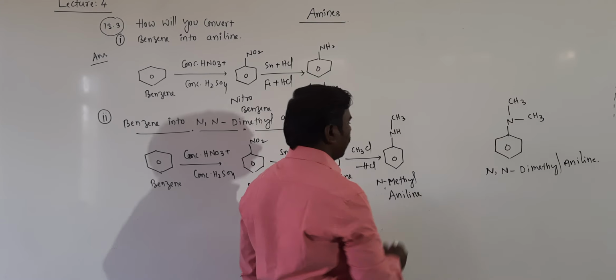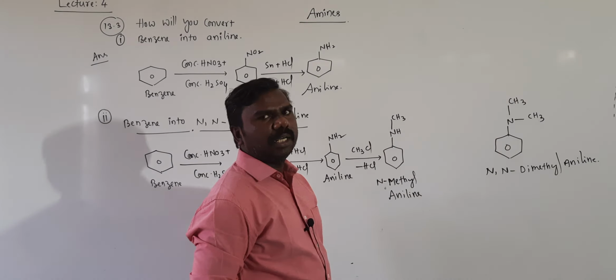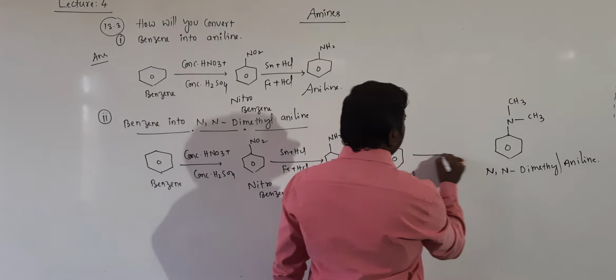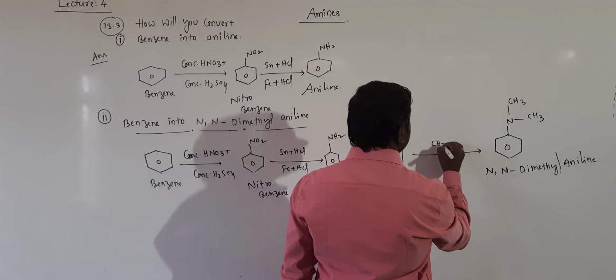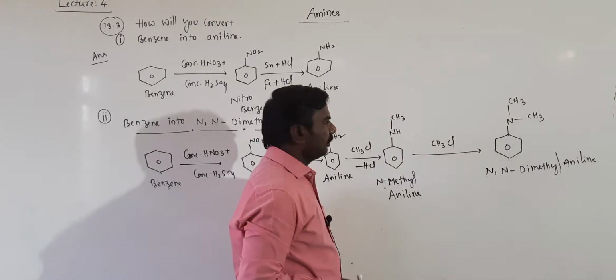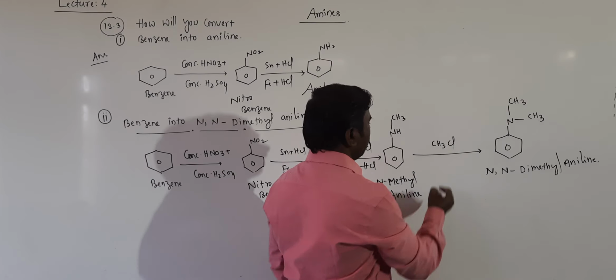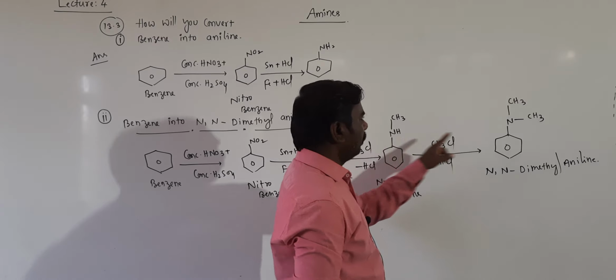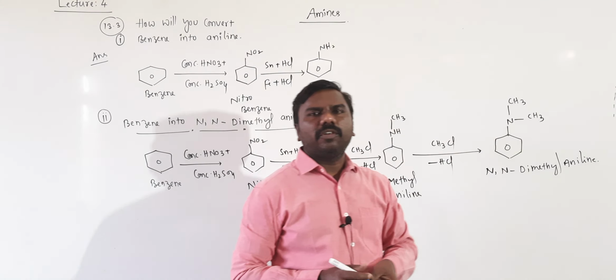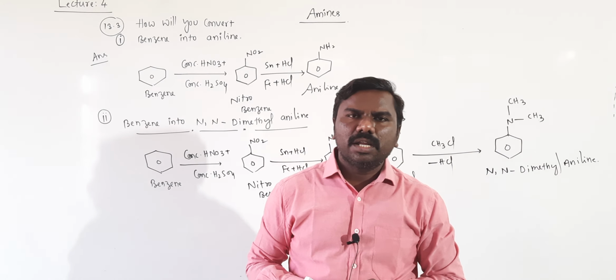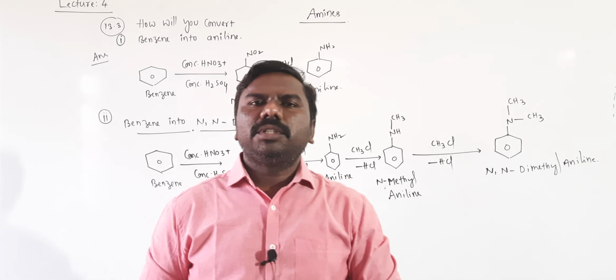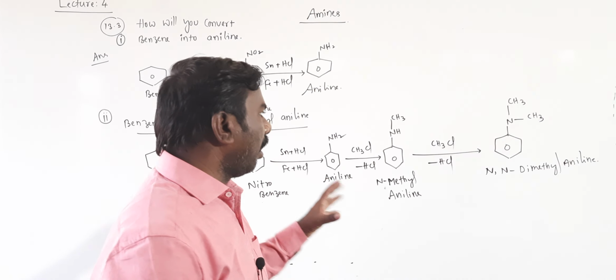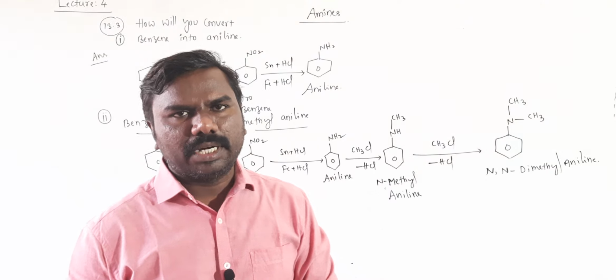Benzene with NH is nothing but aniline. Again it reacts with CH3Cl. Again, the left hydrogen and Cl are removed as HCl, and this CH3 is added to nitrogen. Then N,N-dimethylaniline will be formed. This is the conversion, right?